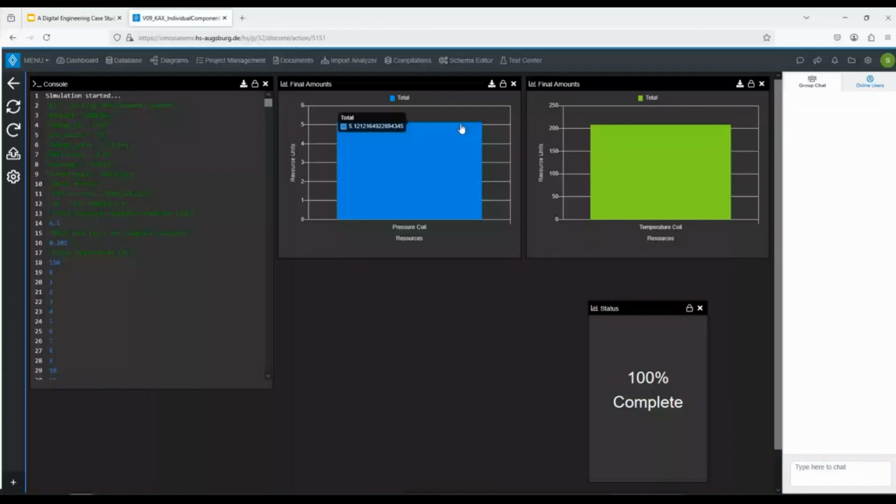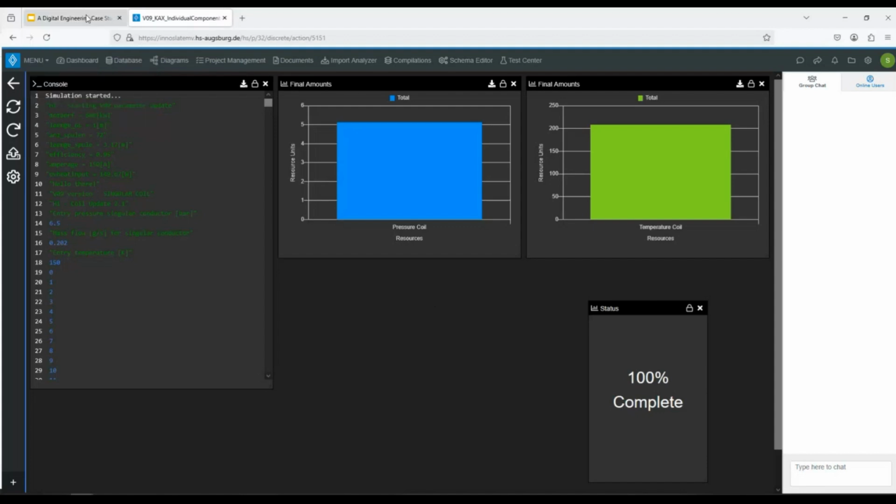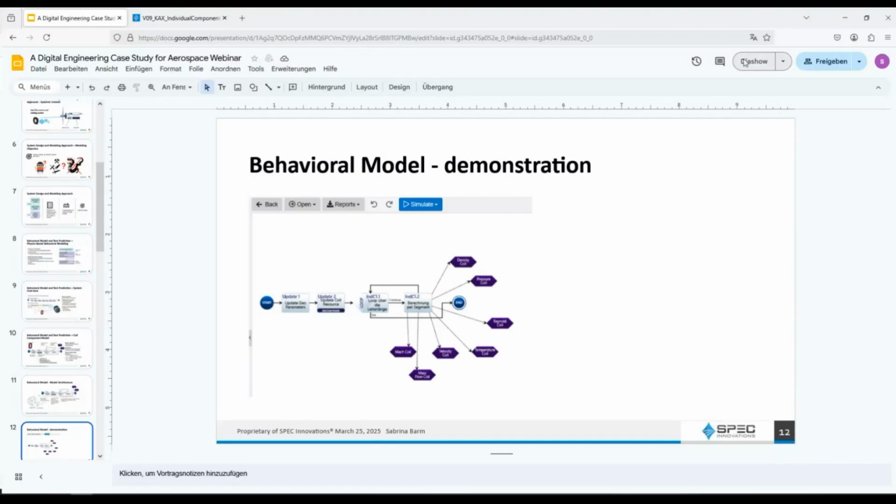And here we have a lower pressure drop, by only 0.9-ish bar, and we have a fairly similar temperature rise. So this is also in the expected values, and this was just a short demonstration to see how you can try out different scenarios for the system operation.